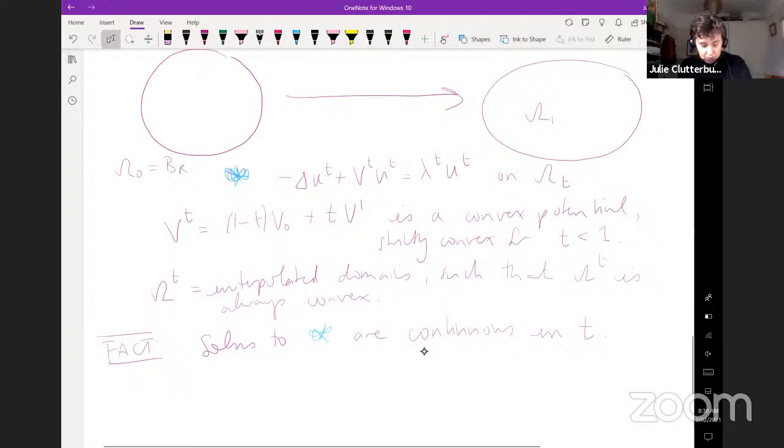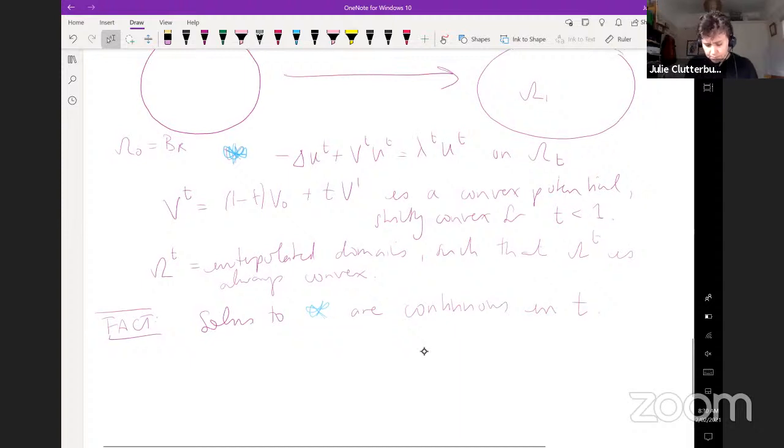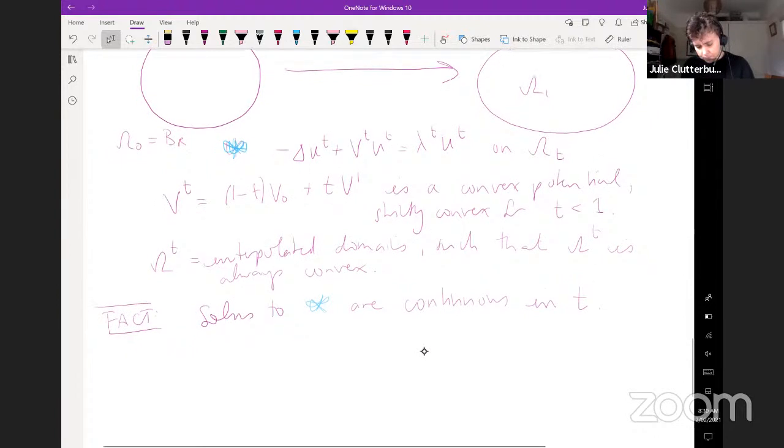And when I say they're continuous, I think they're continuous in C^2,1 and probably maybe even something better. So they're continuous under perturbations of the potential, and they're also continuous under perturbations of the domain.